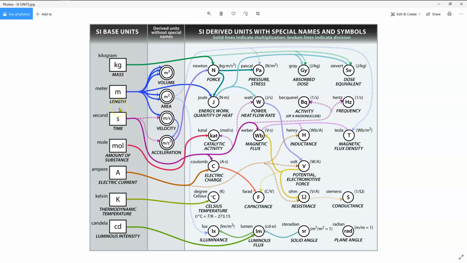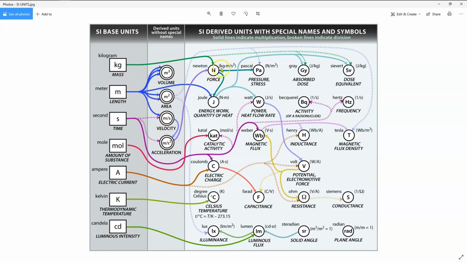So we'll focus on the top ones now. But in this chart, the 7 fundamental or base units are on the left, the derived units are on the right. The solid lines indicate multiplication, the broken lines indicate division. So for example, volume is just length times length times length, cubic meters. Area is square meters, and we looked at these.